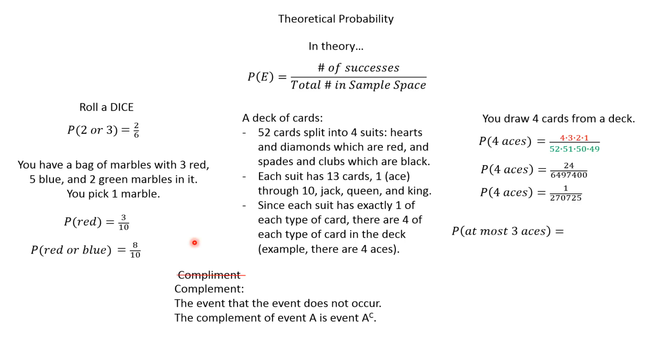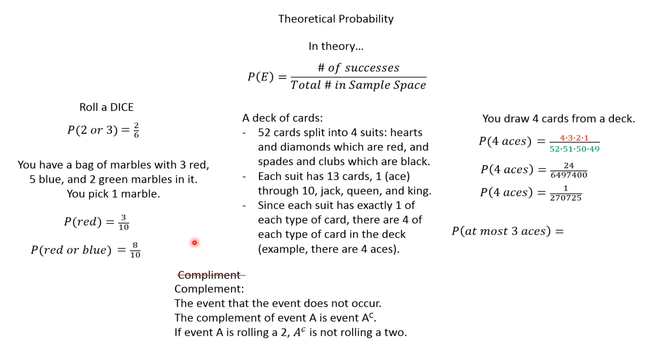It doesn't happen. So the complement of rolling a 2 is not rolling a 2. The notation for a complement of event A is A, and then it gets a C for complement as an exponent. It's not actually an exponent, it's just where we put the notation.